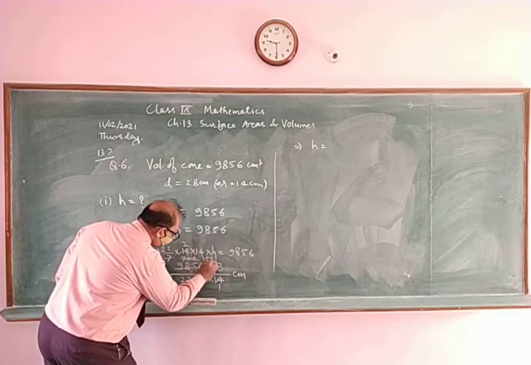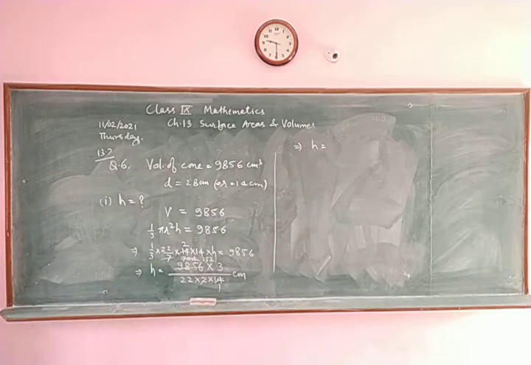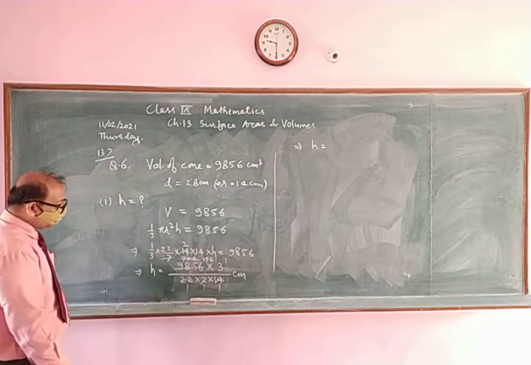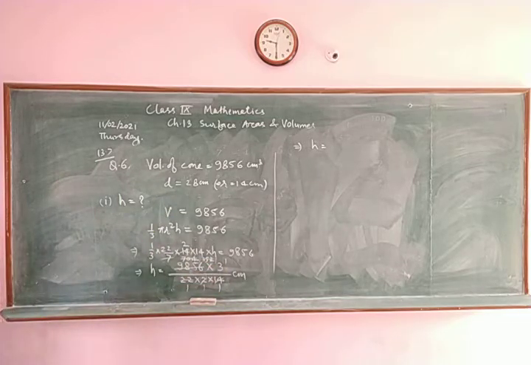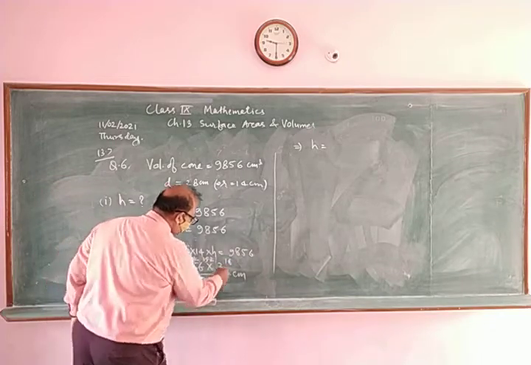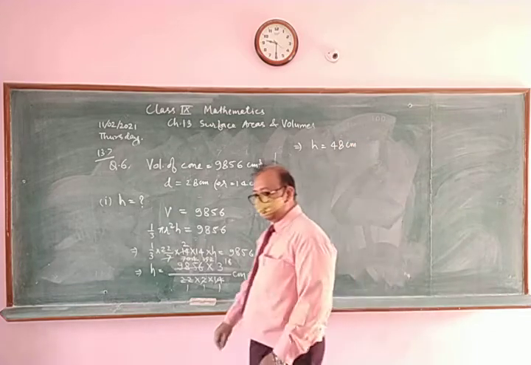Then 22 ones are 22. How much left? 132. 22 sixes are 132. 16 threes are 48. 48 centimeter is the height.